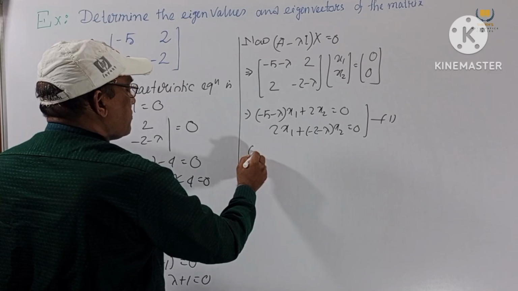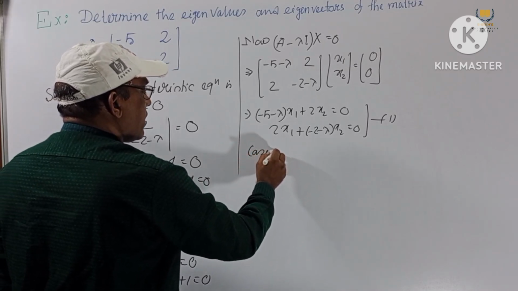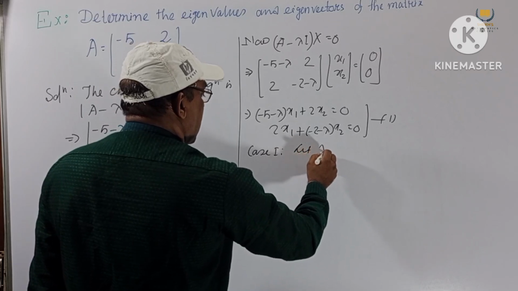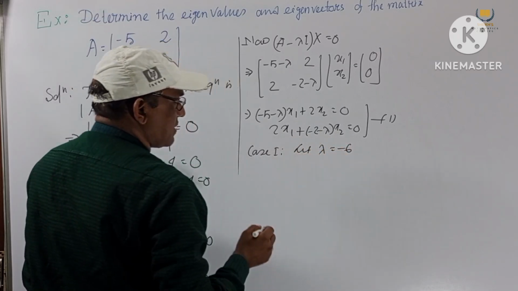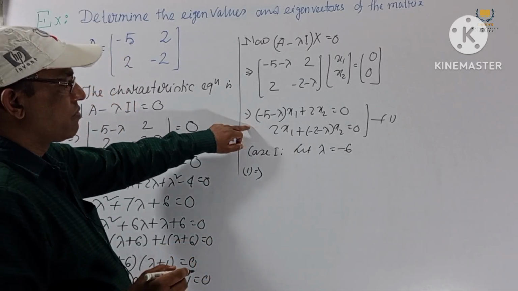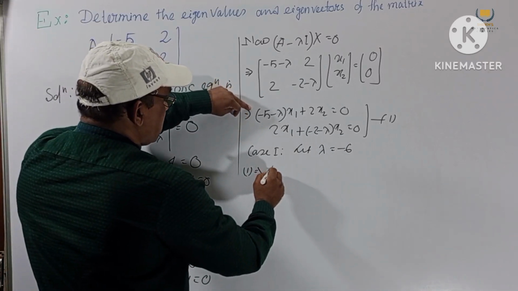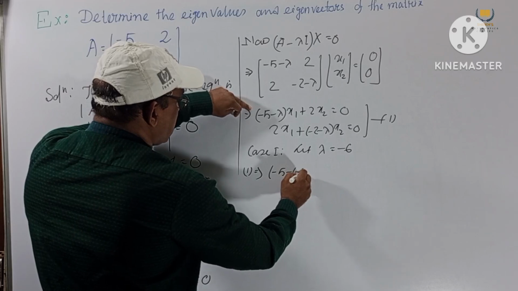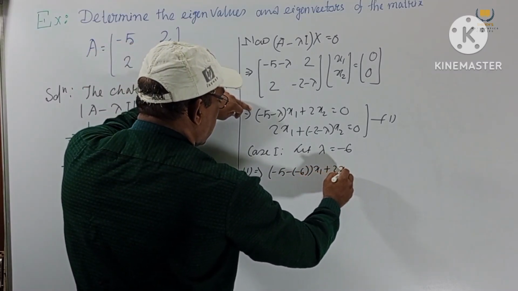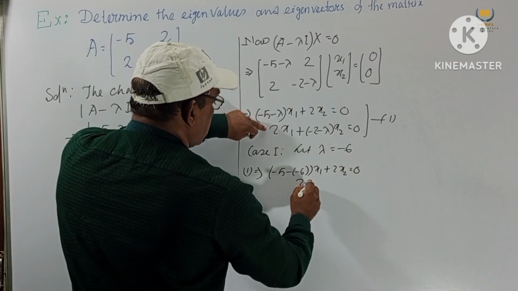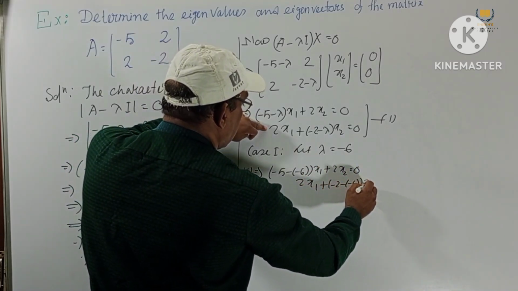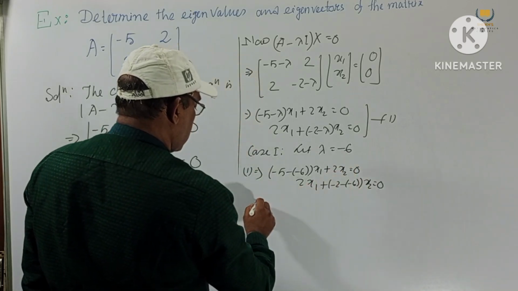Now case 1: let lambda equal to -6. We put lambda equal to -6 in equation number 1. Then this is (-5 minus -6) x1 plus 2x2 equal to 0, and 2x1 plus (-2 plus 6) x2 equal to 0.